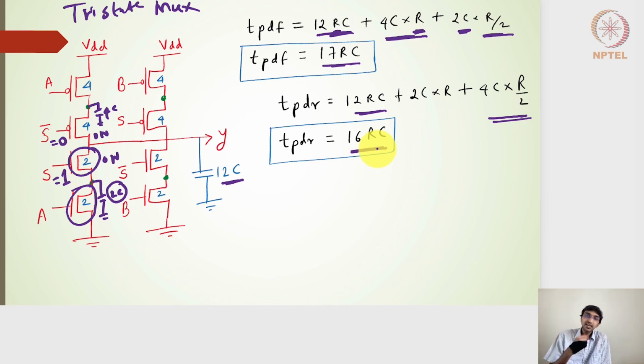But the delay of the tri-state multiplexer is more than that of the transmission gate, because the metal line is connecting, and that makes the switching resistance less. The equivalent switching resistance for the two transistors in parallel reduces, and thereby the delay will naturally be smaller.